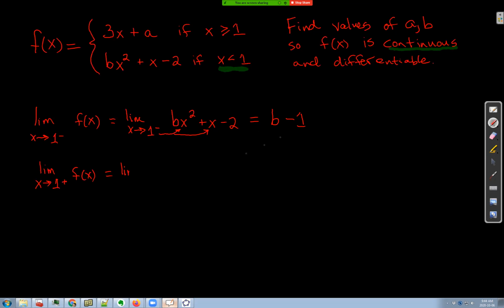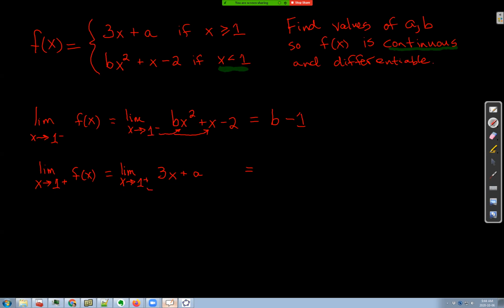But I also have to look at the limit as x goes to 1 from the right. And this time I'm going to use the linear function, because that's the one that applies when x is bigger than 1. So this is going to be 3x plus a.